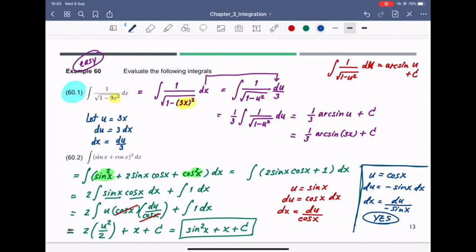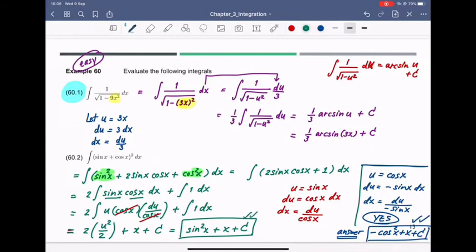If you pick your u to be cosine, your answer is going to be negative cosine square x plus c. This answer is a correct answer too.